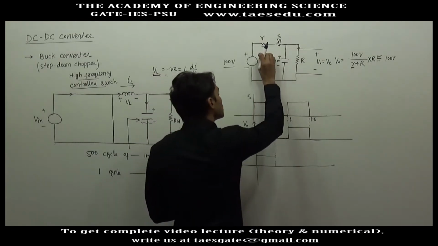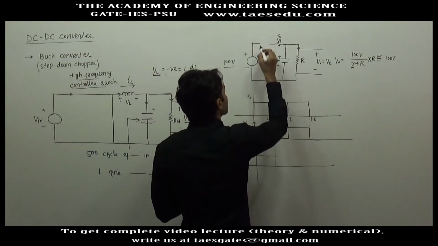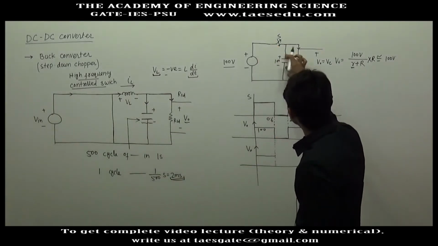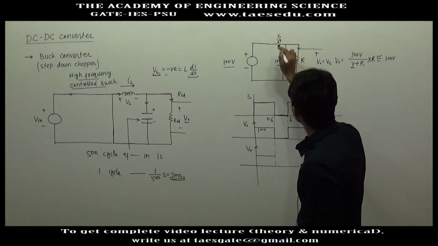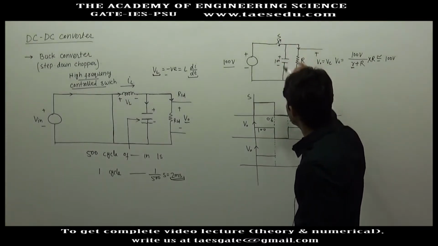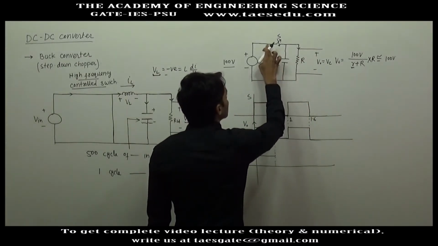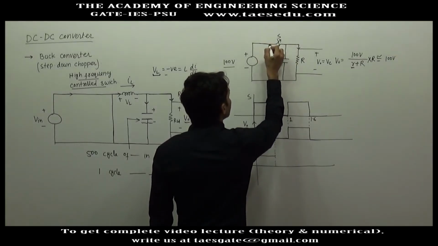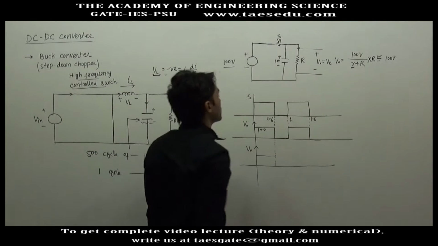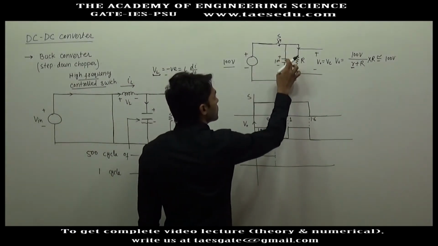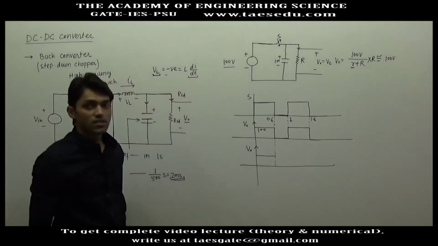Let us assume for a while there is no resistance, although two voltage sources cannot be connected in parallel. If these are connected in parallel, switching operation cannot be done. But let's say for a while this resistance is small and connecting as a short circuit. So when this switch is connected, the capacitor will immediately be charged to 100 volt.